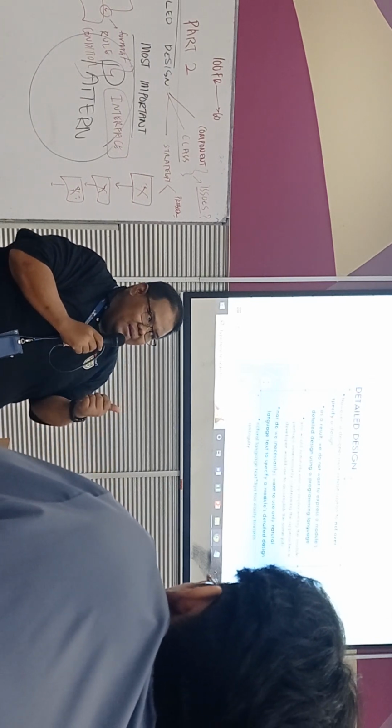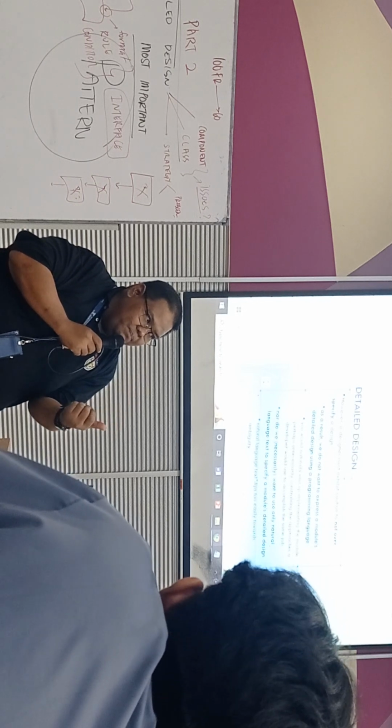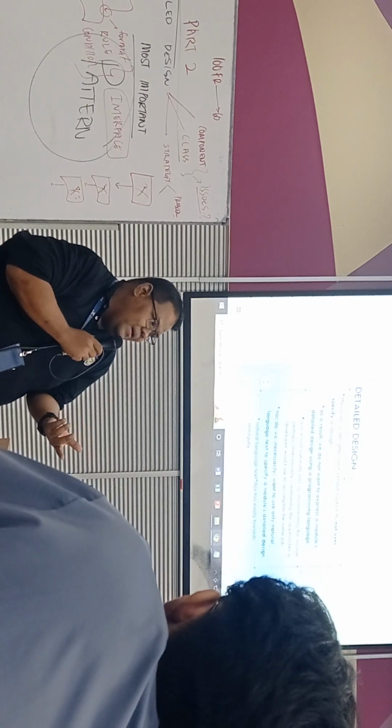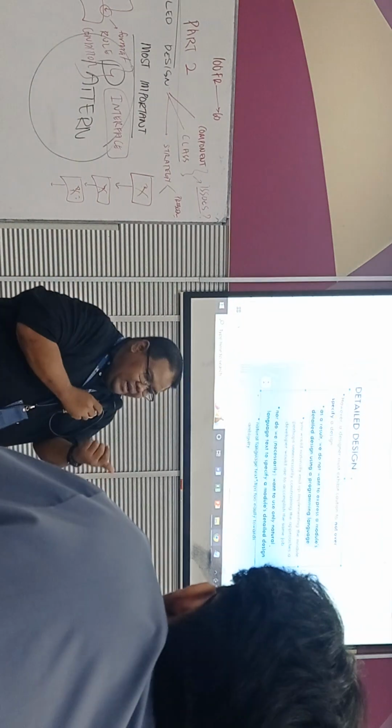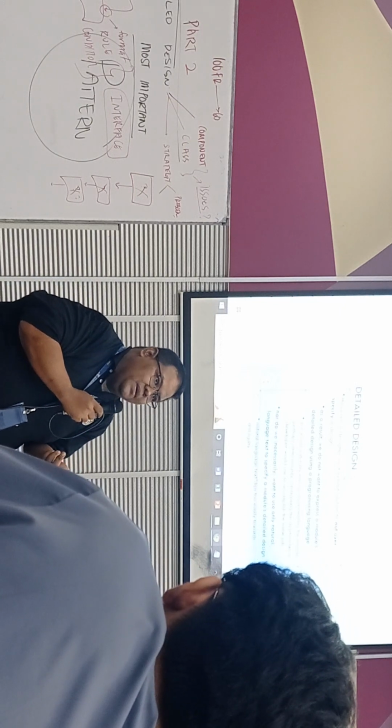But number 2, your coding may not be suitable for that particular scenario. Maybe there are other ways of coding to solve that problem that you don't know. Number 2, you are basically restricting the creativity of your programmer.